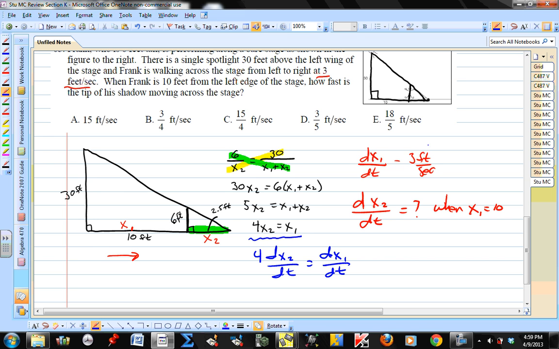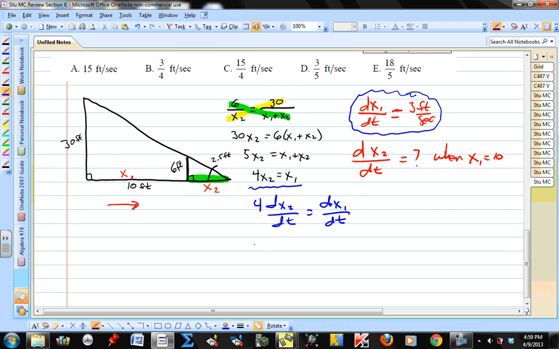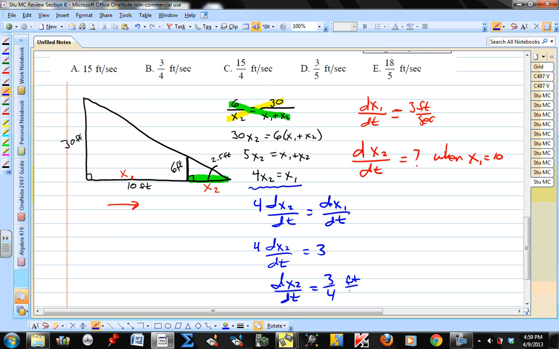We can substitute here. Put 3 in place of dx sub 1 dt. Okay, and now we're going to divide by 4 to get dx sub 2 dt by itself. So this is moving at 3/4 of a foot per, what was the unit? Second?